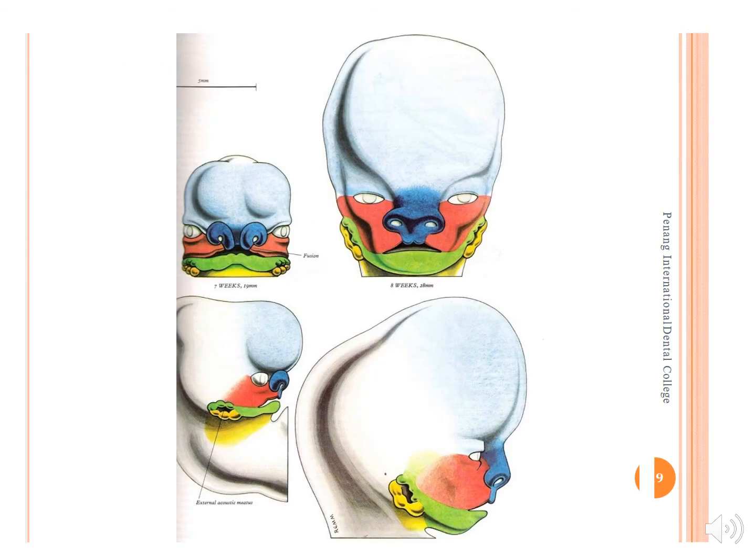Okay, this photo shows the image of the prenatal development of the maxilla and the face. The red color is the frontonasal process. The blue color is the medial nasal process. The green color is the mandibular process, and the yellow color is the lateral nasal process.